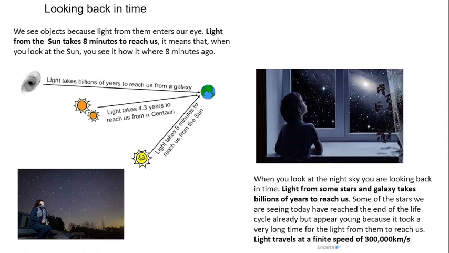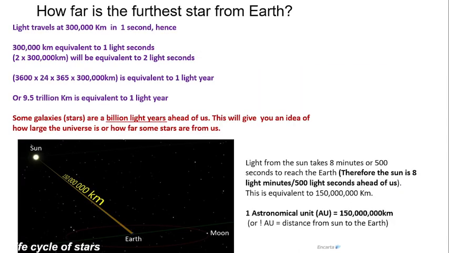Now, we need to appreciate the fact that light travels at a finite speed of 300,000 kilometers per second. How far is the farthest star from the Earth? Recall that I told you earlier that light travels at a finite speed of about 300,000 kilometers in 1 second.